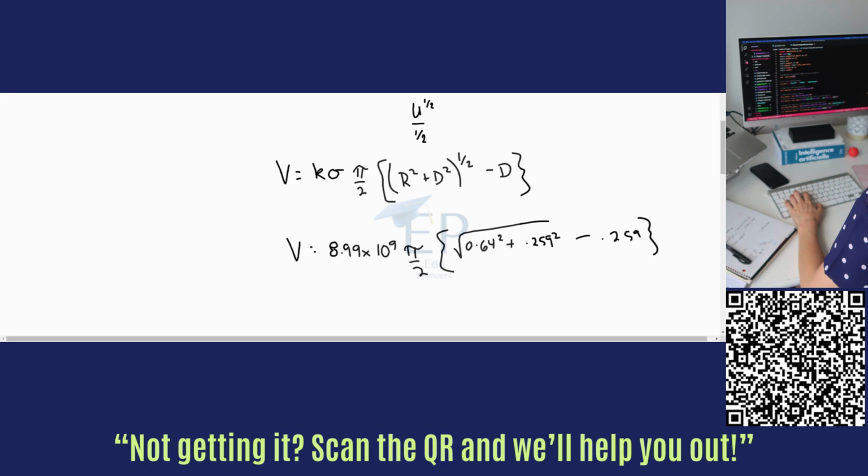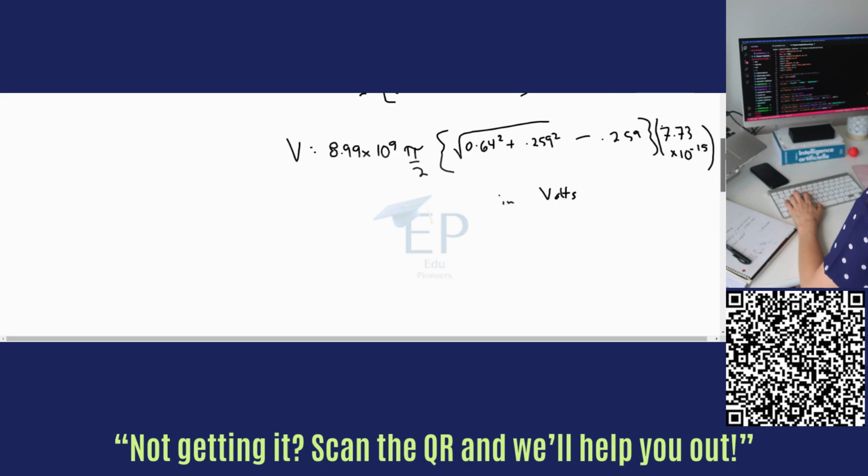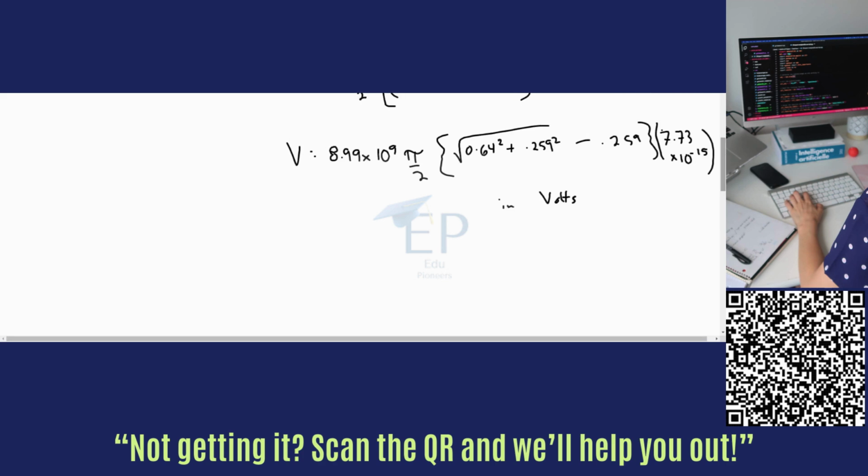And if everything's in SI units, oops, I forgot the density, didn't I? That's very small. 7.73 times 10 to the minus 15 for femto. And that is all in SI units, so it should come out in volts. And I will just check those numbers just because they are kind of crazy.